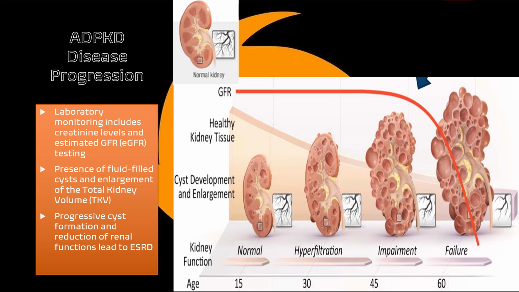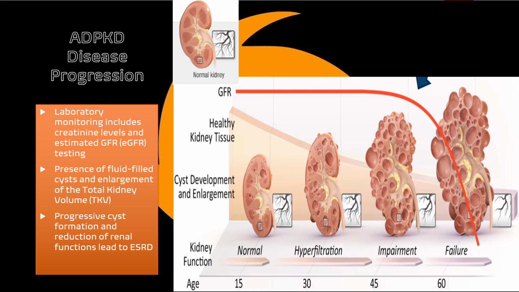From a pathology perspective, the total kidney volume, or TKV, is determined in that regard. And then progressive cyst formation and reduction of renal function generally leads to end-stage renal disease.